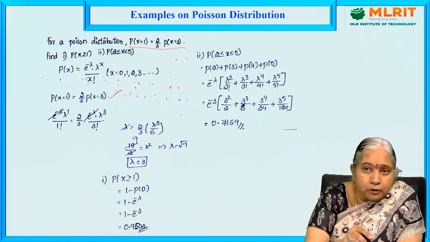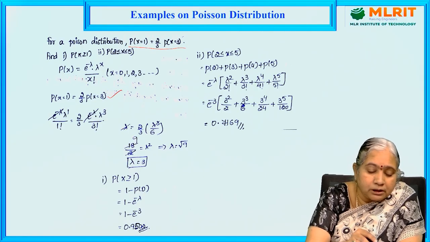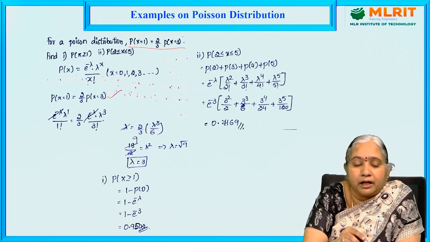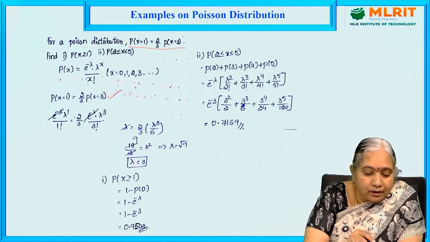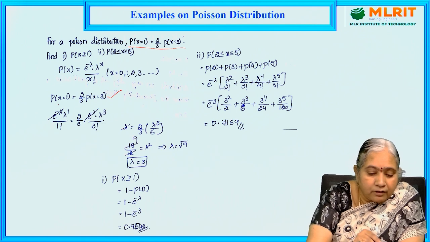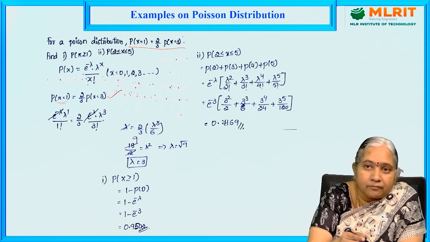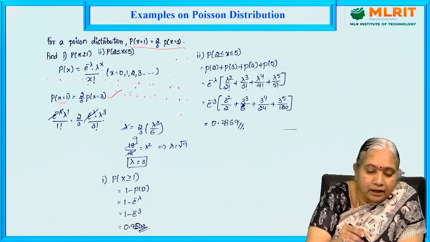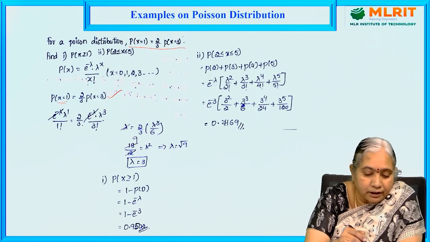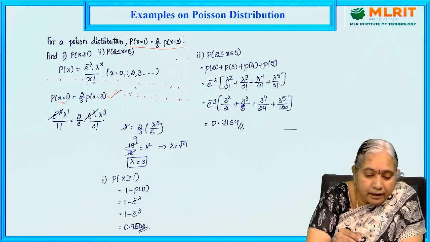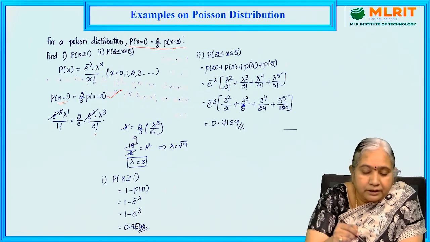And we know that the probability density function of Poisson distribution is e power minus lambda into lambda power x by x factorial. So x equal to 1 means e power minus lambda, we don't know the value lambda. So we write it as it is. E power minus lambda into lambda power 1 by 1 factorial, which is equal to 2 by 3 into x equal to 3 means e power minus lambda into lambda cube by 3 factorial.